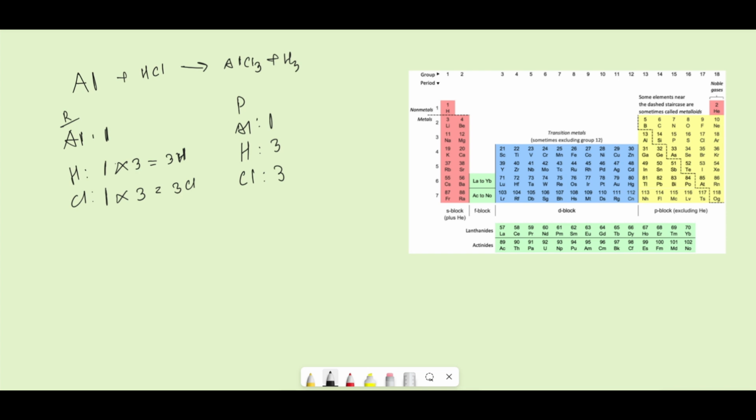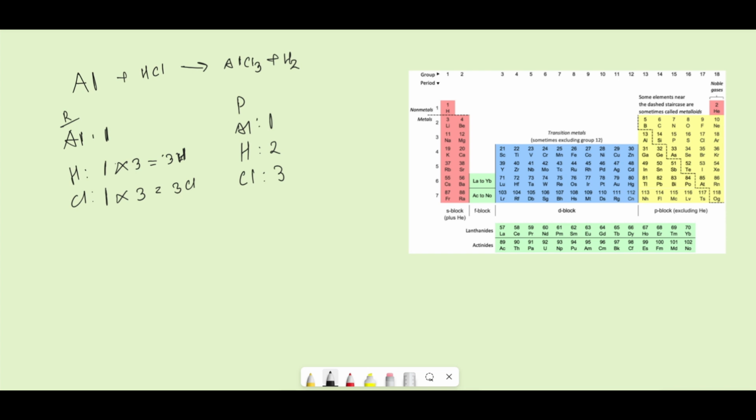Oh wait, I think this is supposed to be H2. It's supposed to be H2, so you have 2 hydrogens right here. That's what makes this question a little more tricky. So 3 hydrogens doesn't really work, so you're going to have to use a different number instead of 3.